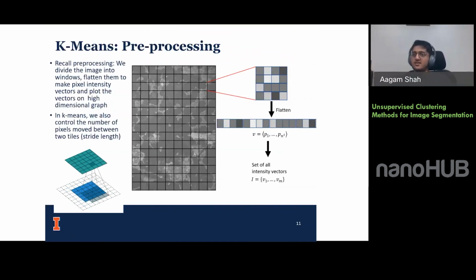And now the thing that is different in the pre-processing between template matching and k-means is that here we also control the stride length. So we can choose how many spaces we want to move to pick the pixels for the next window. We can have that to be 1, we can have that to be 3, 10, 100, whatever we fancy.